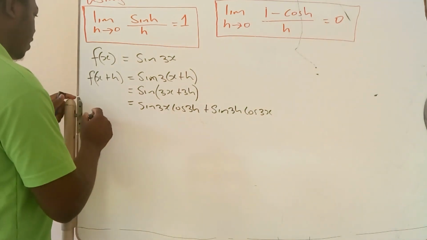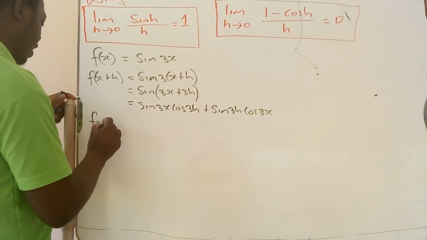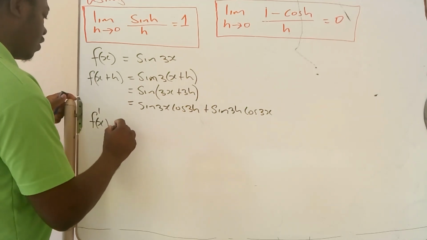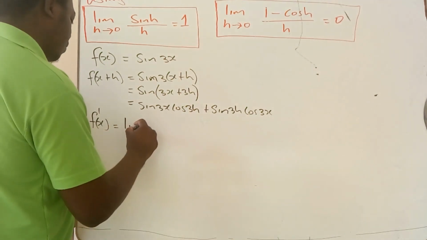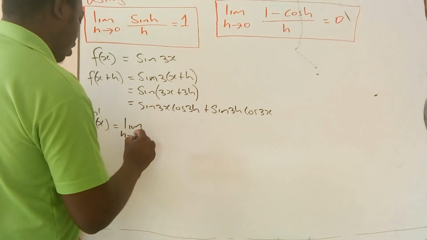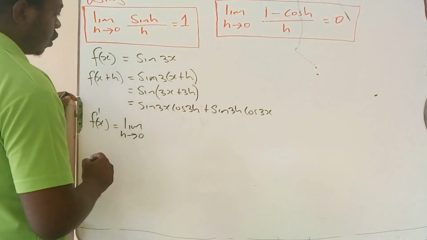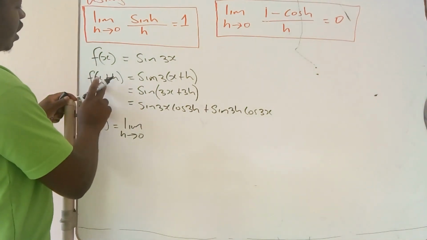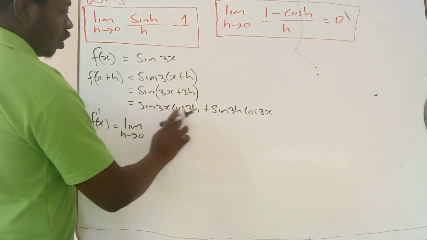So now we can go ahead and differentiate the function. The derivative of f of x is equal to the limit as h approaches 0. We must have f of x plus h, which is all of this.